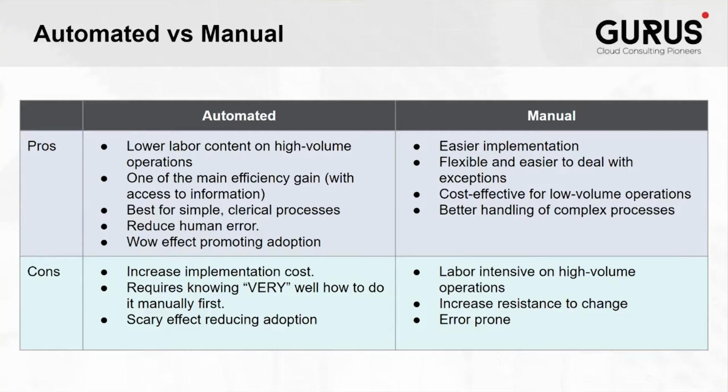A third crucial aspect of a NetSuite implementation is when to automate versus when to start with a manual process. Let me explain what I mean by that. Automation is perfect for low labor tasks that are completed in high volume, as they reduce human error and effort.